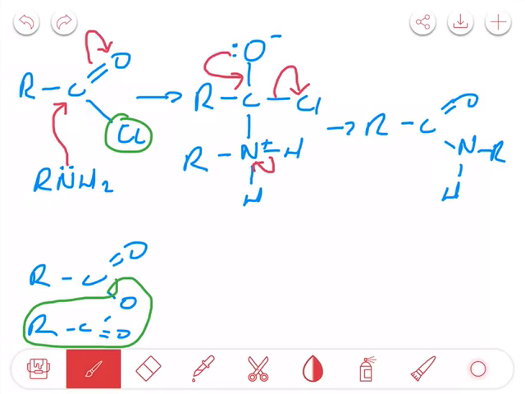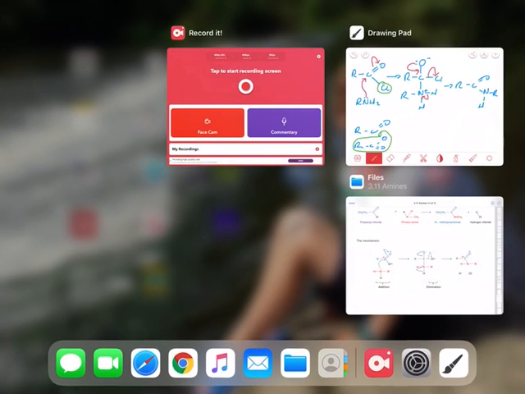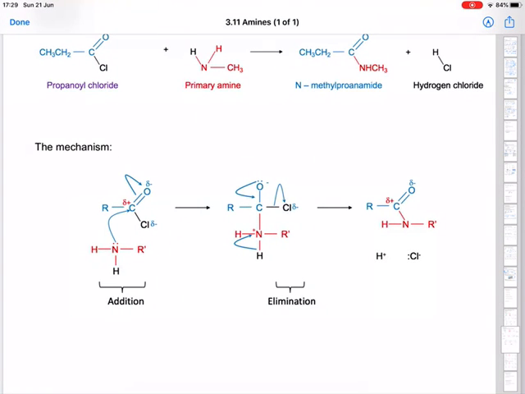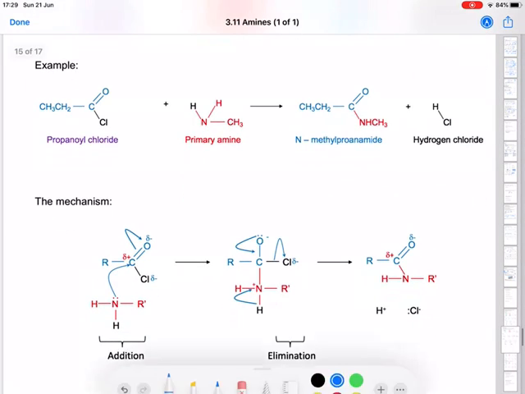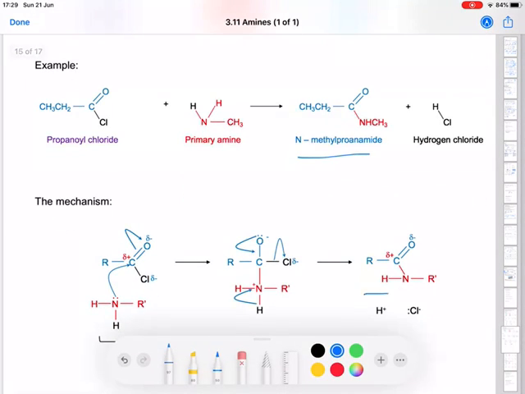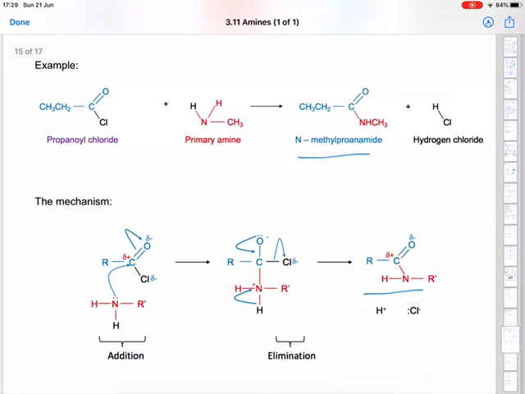Again, all just a recap from the derivatives. So there's the mechanism that we get, and what we end up with is the N-substituted amide, the N-substituted amide here and the N-substituted amide there.